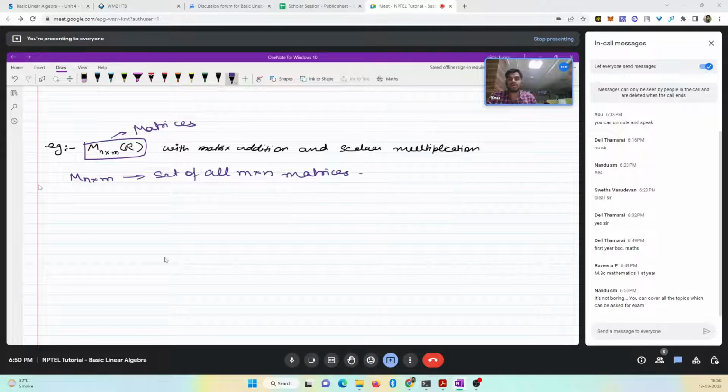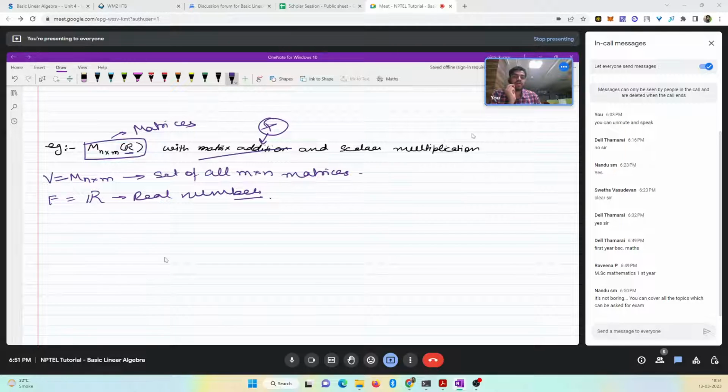Now this is our V, and because I have written this R inside this bracket, F becomes the real numbers. The addition operation that we have defined is the same as matrix addition, and the multiplication is scalar multiplication.